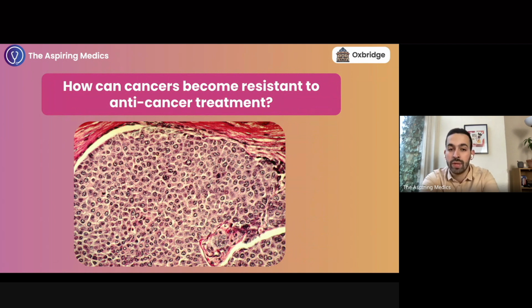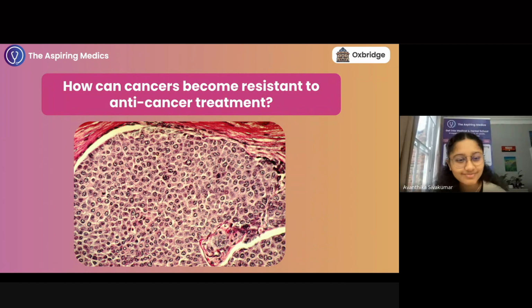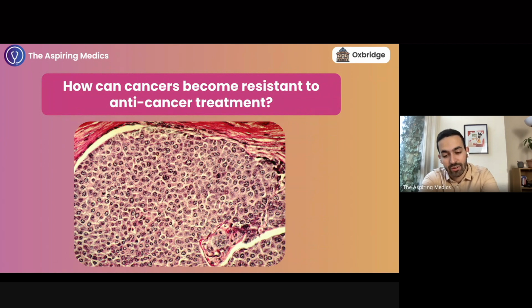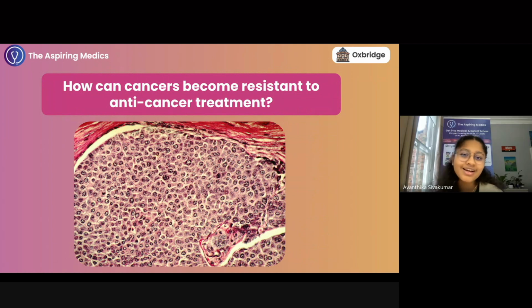Now, there are all sorts of different mutations that cancer cells can make to become resistant to anti-cancer treatment. If you were a cancer cell, how would you mutate in order to become resistant? Well, other than the gain in function, loss in function mutations we discussed, how does a cancer cell become resistant to an anti-cancer treatment?